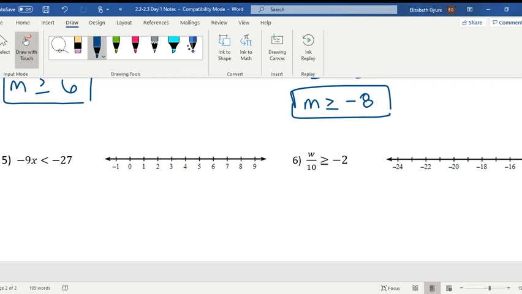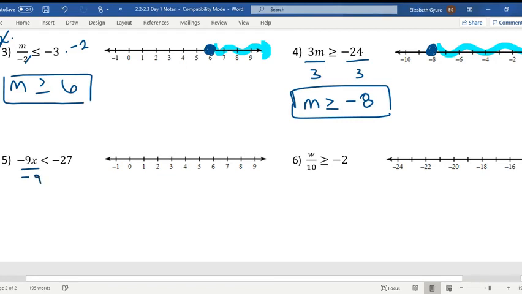For number 5, it doesn't say 9 minus x, right? Isn't this negative 9 times x? No, that's okay. So how do you get rid of multiplying by negative 9? Division, yeah, good. So divide by negative 9. Good.